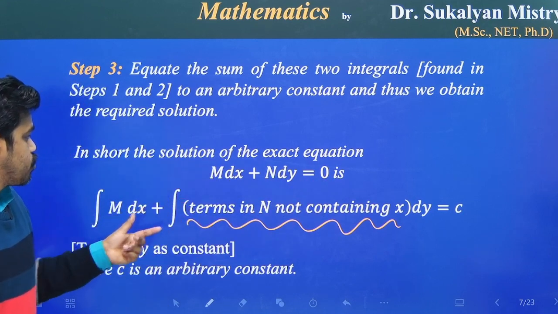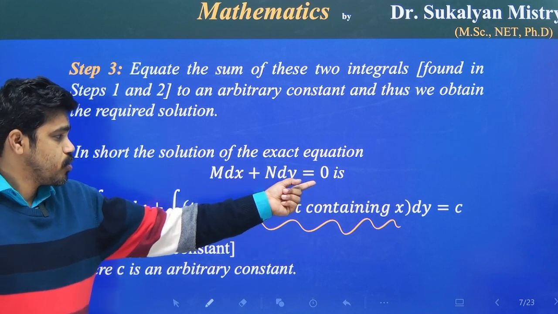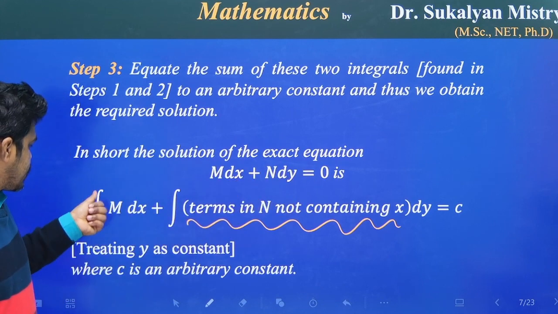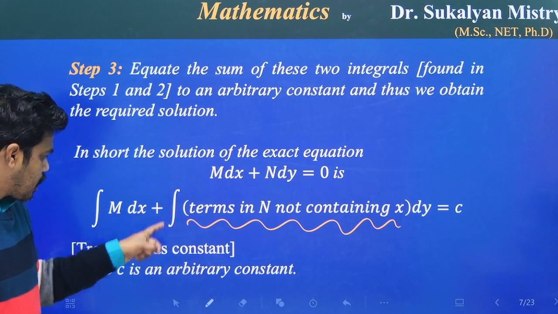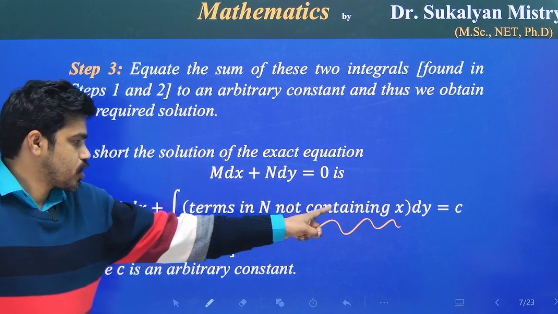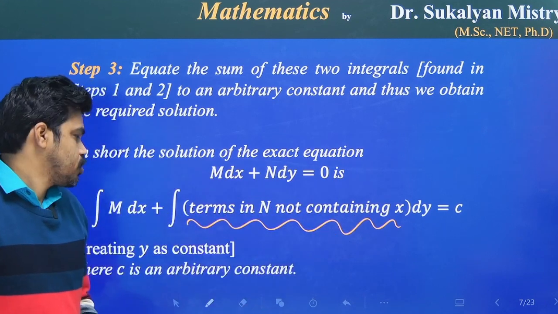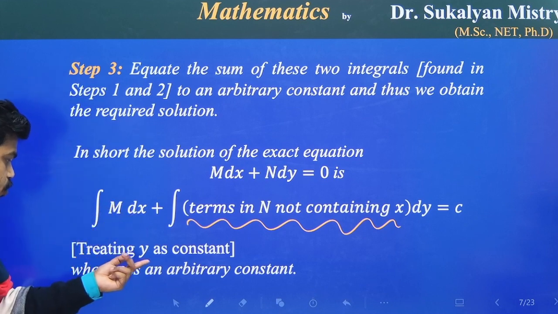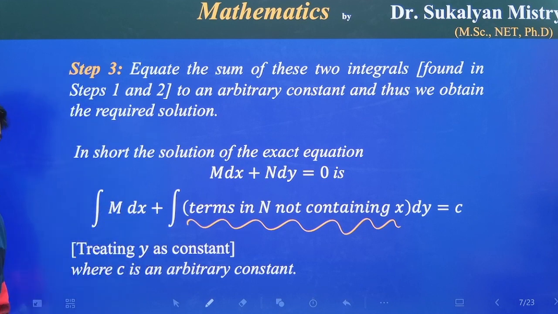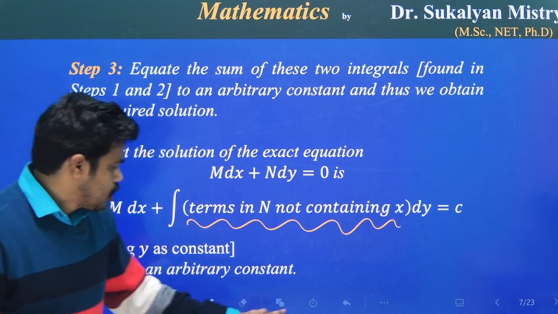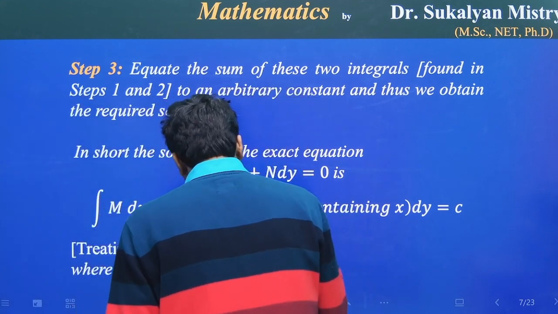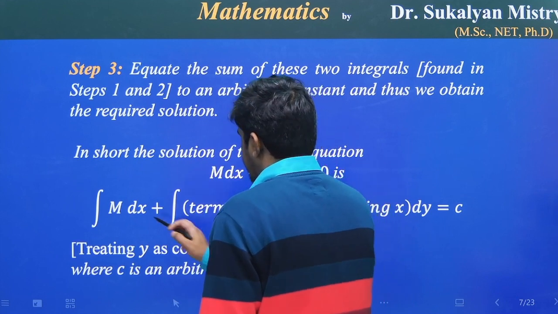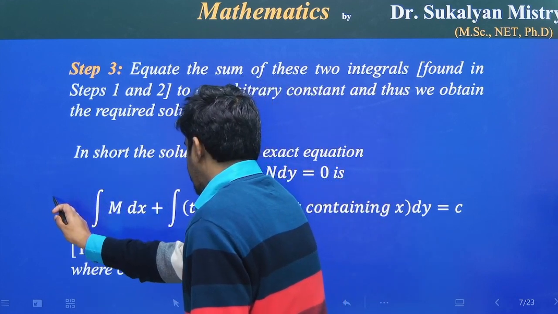So what is the solution? That is, M dx plus N dy is equal to 0. What will its solution be? Integration M dx plus terms in N not containing x into dy is equal to c. When I integrate M with respect to x, y must be treated as constant. So this is the solution of the given differential equation. Note this.